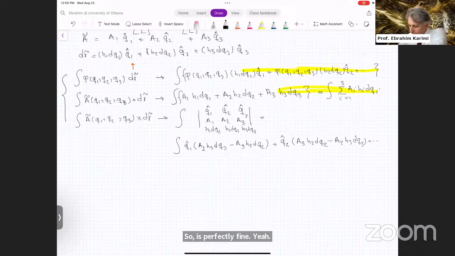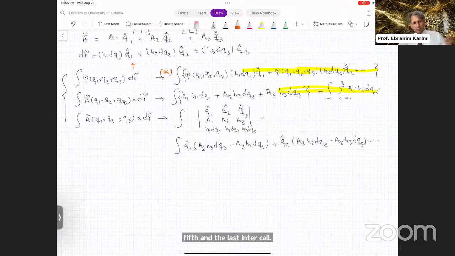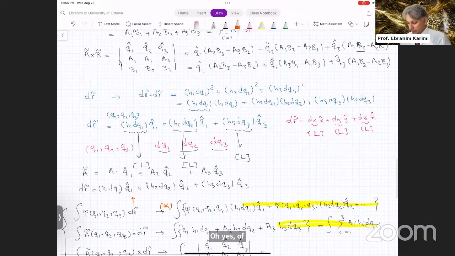Now look at the first integral again. Take this first integral. It is the most tricky part. I would say that is the first and the last integral. Oh, yes, of course, Shubra. I mentioned that. Well, I say that it's proportional.